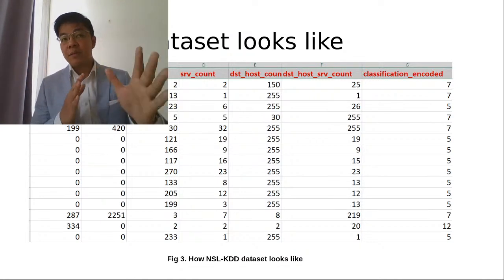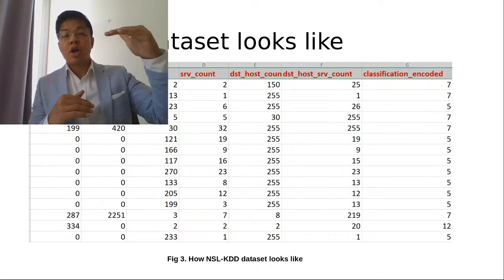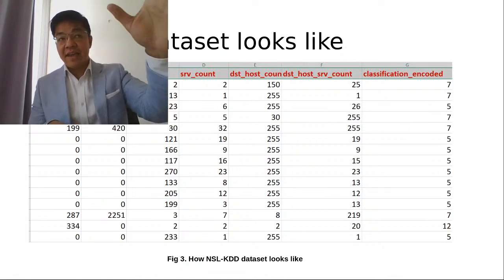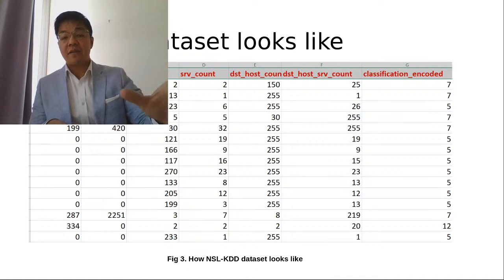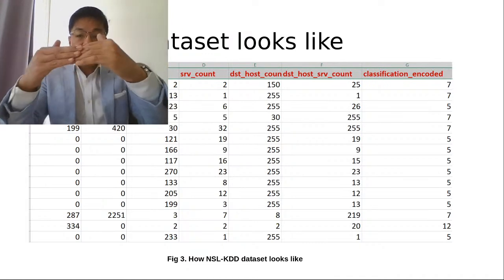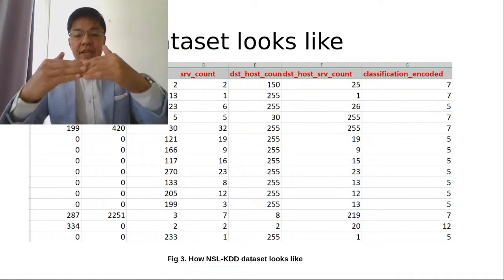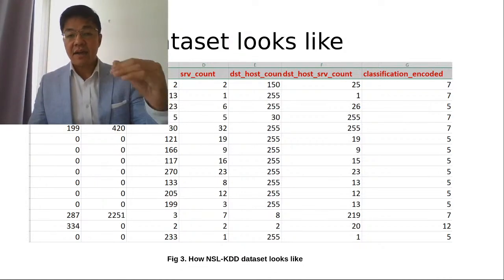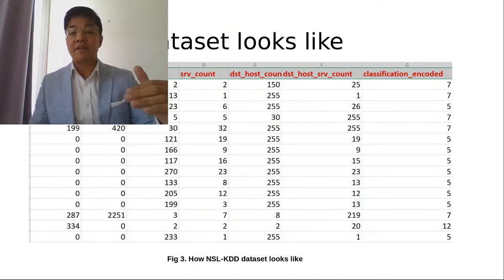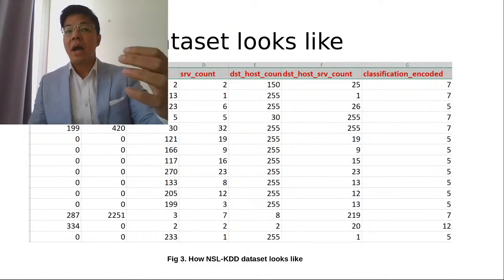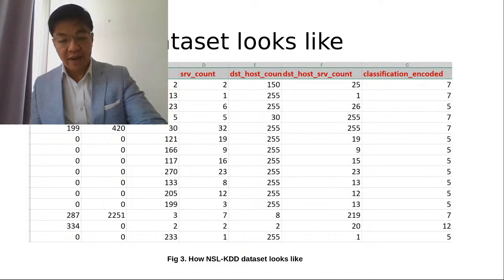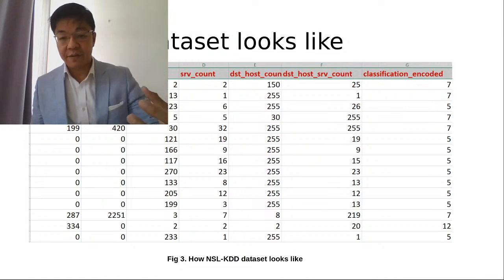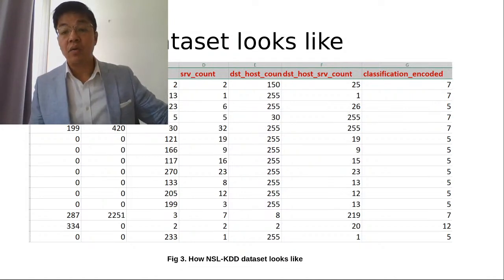And then we will also be looking at how many common services there are in the destination, as well as how many of these network flows belong to the same source. In other words, we want to know how many of these network flows that we have discovered can be traced back to a single source.